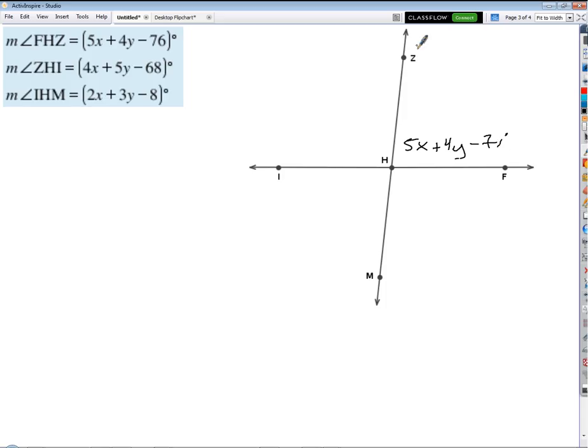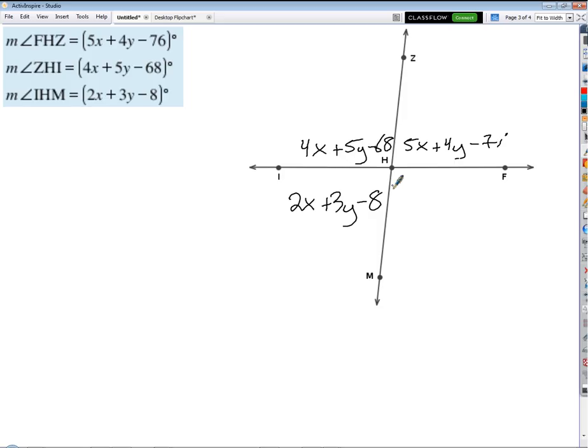Angle ZHI is the upper left. It's got a measure of 4x plus 5y minus 68 degrees. And then IHM is the bottom left: 2x plus 3y minus 8. Okay?